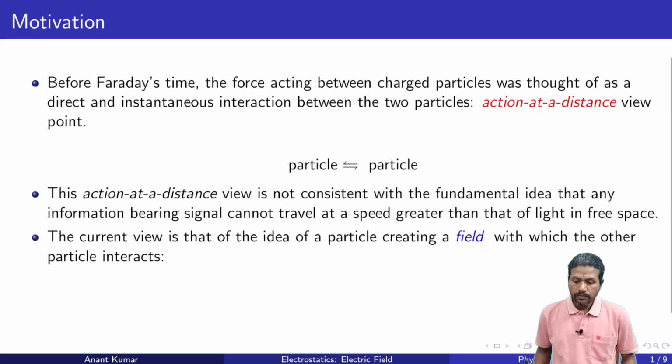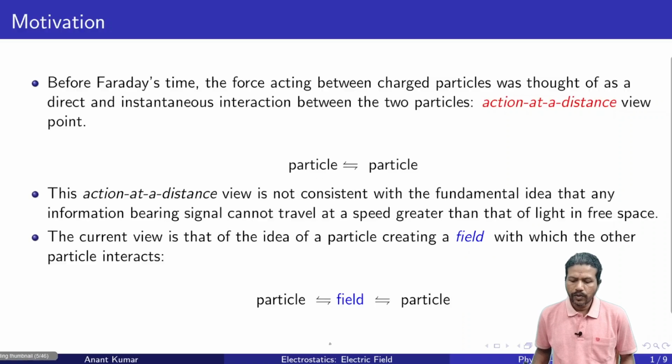So to overcome this difficulty, the current view held today is the idea that a particle creates a field around itself, and this field is what the other particle interacts with. So the view is that of particle, field, particle.